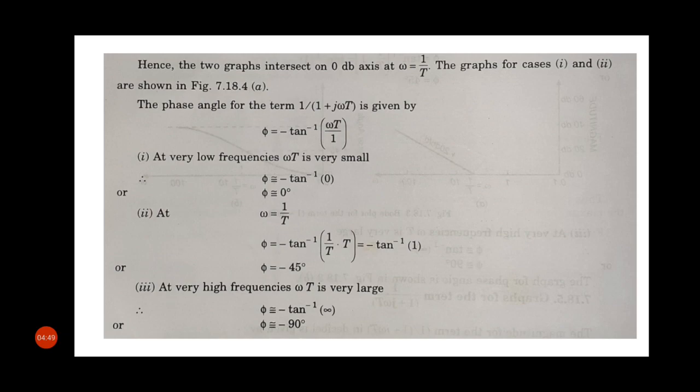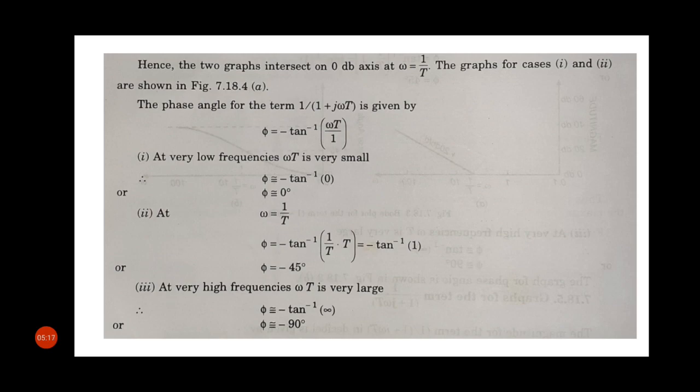At omega equal to 1 by t, phi equal to minus tan inverse 1, that means phi equal to minus 45 degree. And at very high frequencies omega t is very large, and in that case phi is equivalent to minus tan inverse infinity, that means phi equivalent to minus 90 degree.